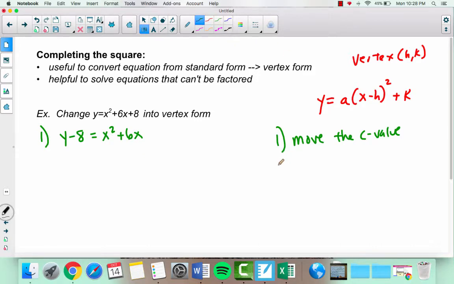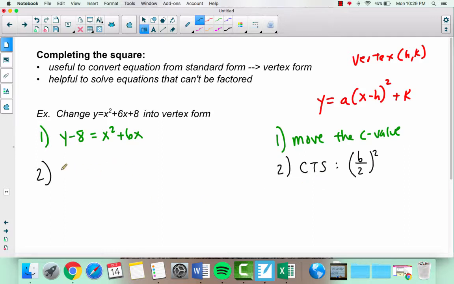Step 2 is to complete the square. So just like what we were practicing in the last slide, I want to figure out what value will go at the end of this equation to make the right side factorable. So to do this, we take that b value, divide by 2, and then square it.